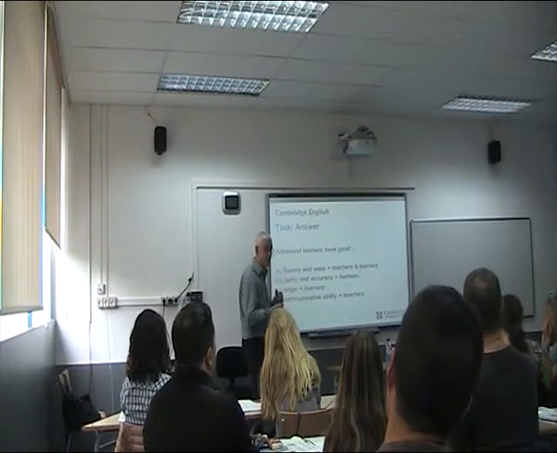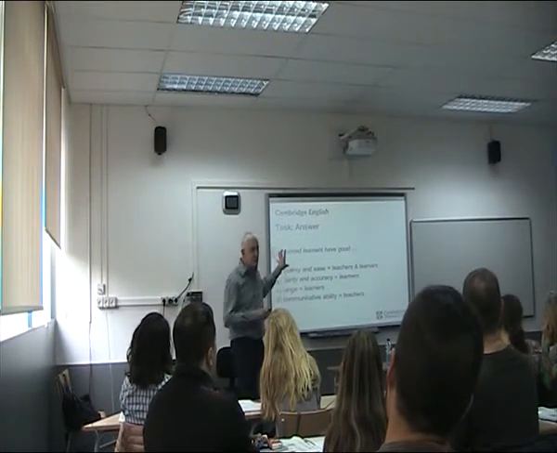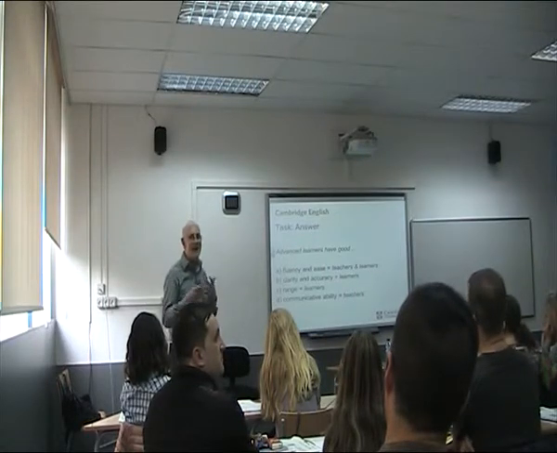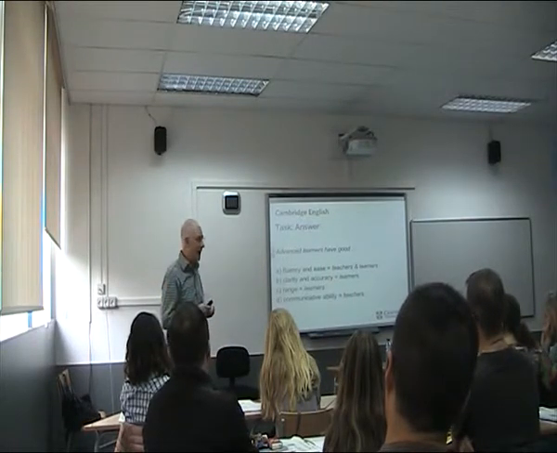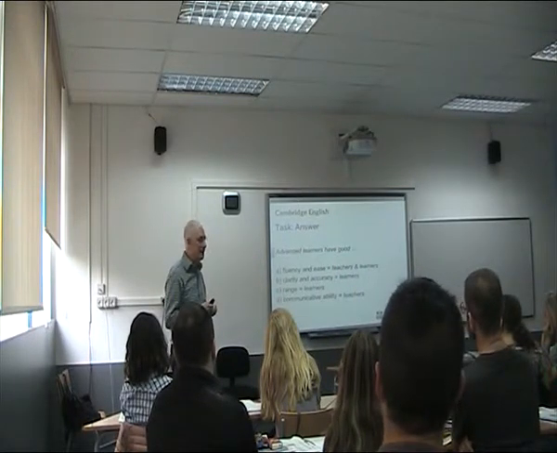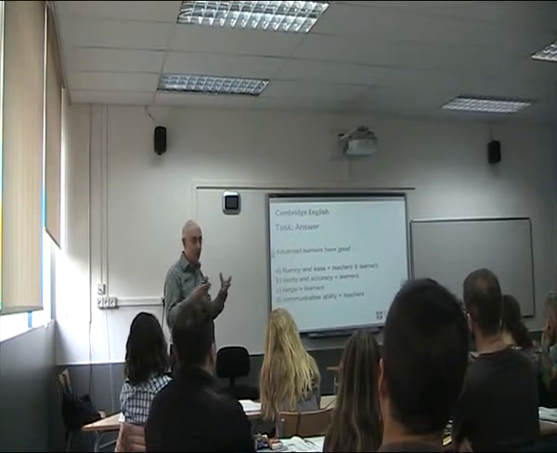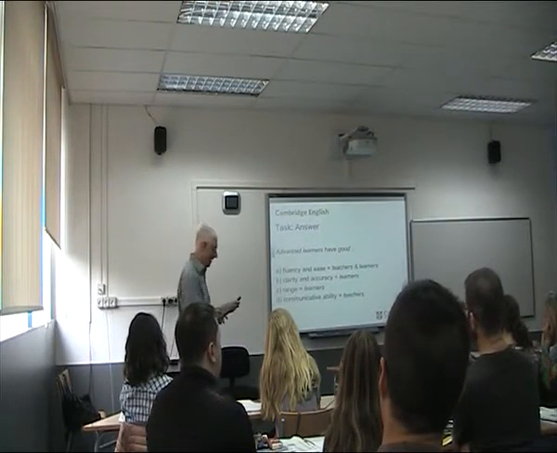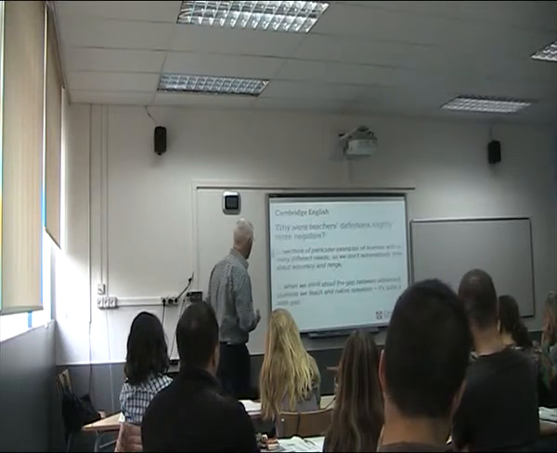So that's how they saw themselves. What's interesting is that the teachers are a little bit negative about the learners' ability to actually be accurate and have a good range of language. Which is interesting.